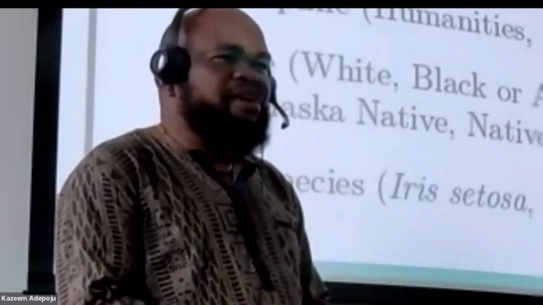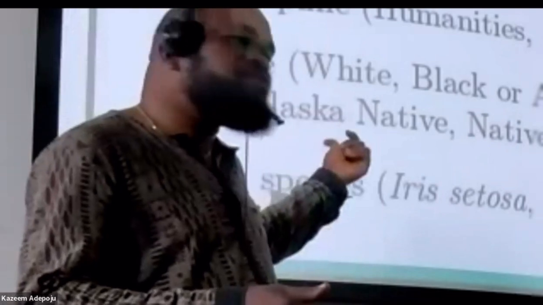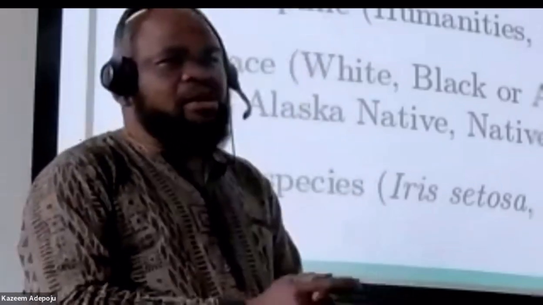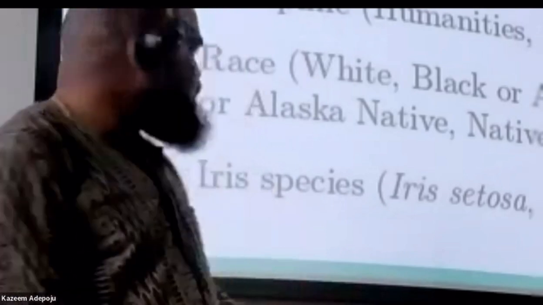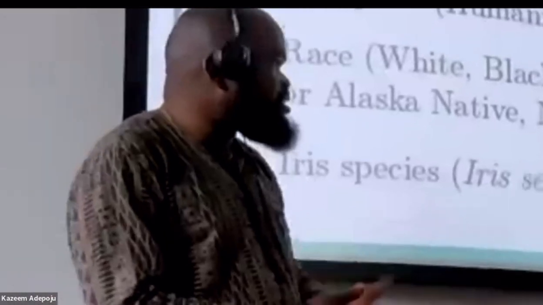If you're seeking a relationship between a response variable that looks like this and some explanatory variable, you're going to fit multinomial logistic regression. There's another example, iris species like Iris setosa, Iris versicolor, Iris virginica.